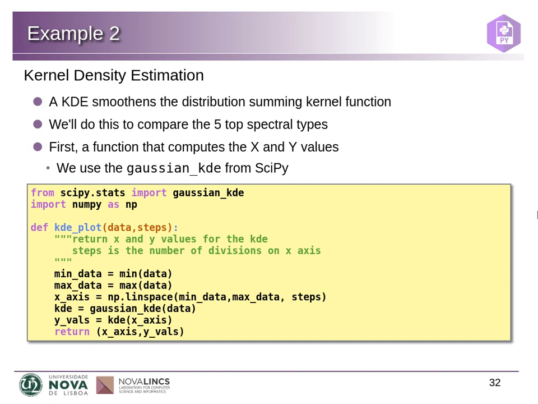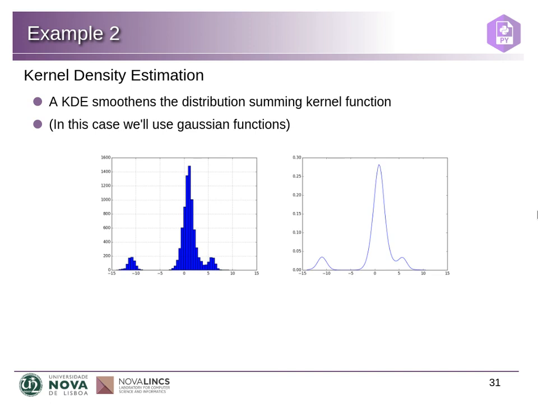And so to do the plot, we get our data, so the series of values that we want to compute the kernel density estimation for, and how many steps we want just to plot the graph. So this is just the number of points that we're going to use to do a smooth line on the chart.